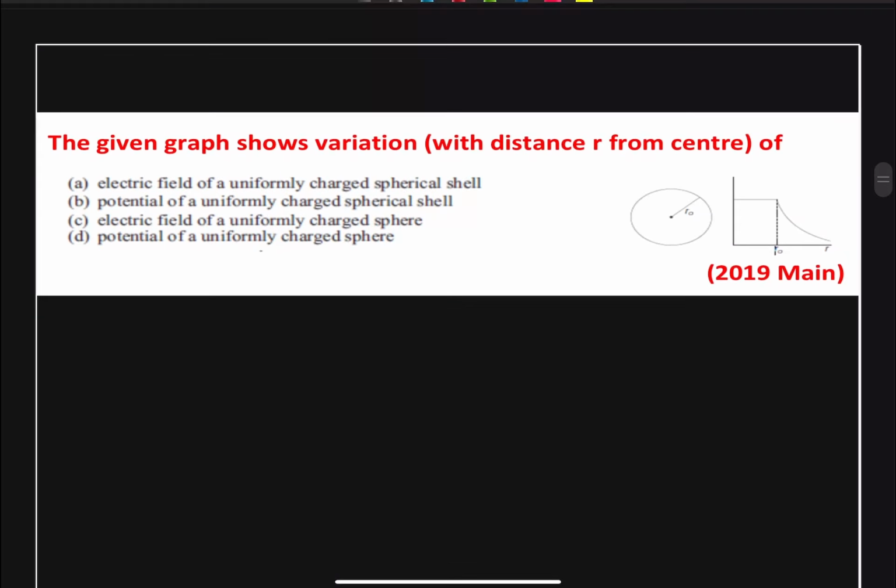It states that the given graph shows variation with distance from the center of, okay, so figure is given to us, and we are given the graphical representation of the electric field, or it can be the potential also. Here Y is not mentioned, so it can be our electric field or it can be the potential also.